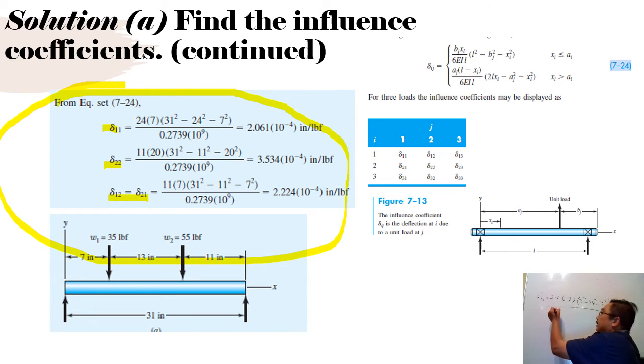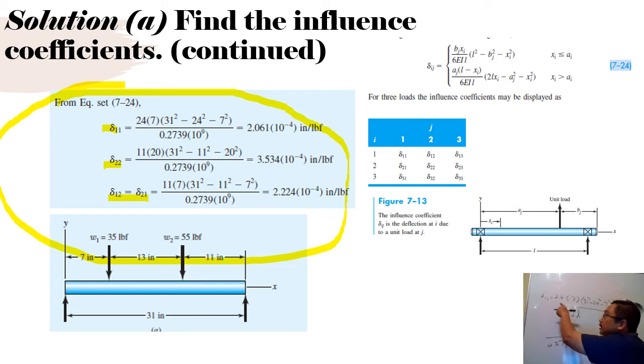You get this 6EIL from the previous slide, with the value 0.02739 times 10. This is the 6EI.